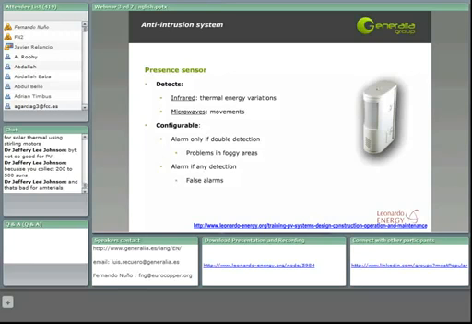So problems may occur if there are fogs or during the night, and we can also configure them to send an alarm if they detect just one of the two variations that we have seen.